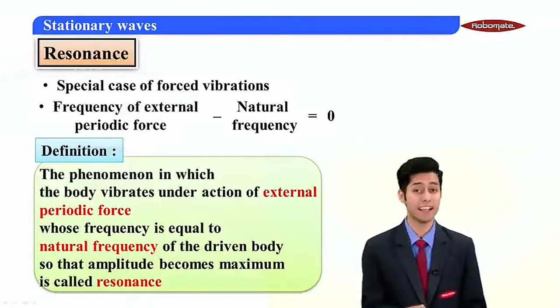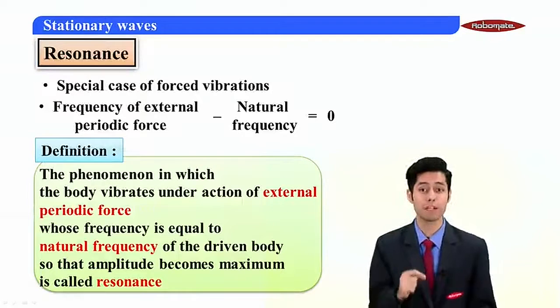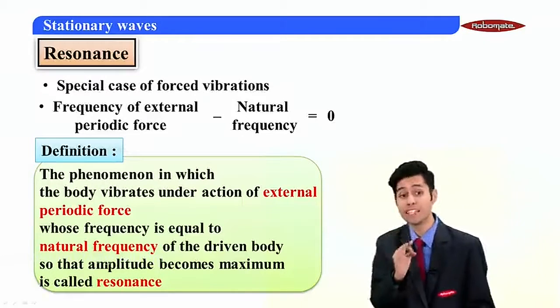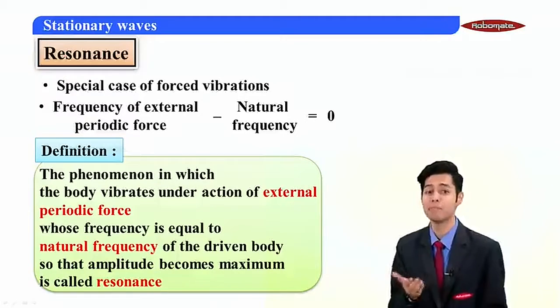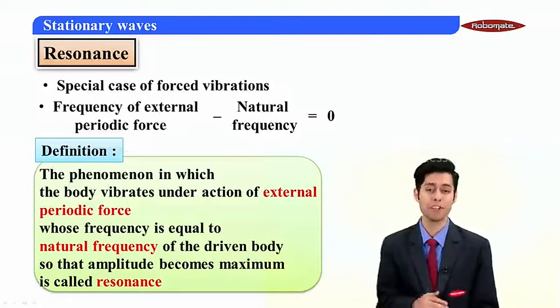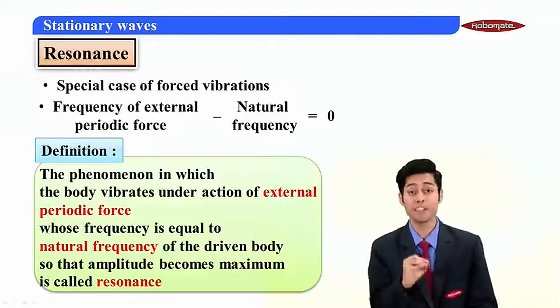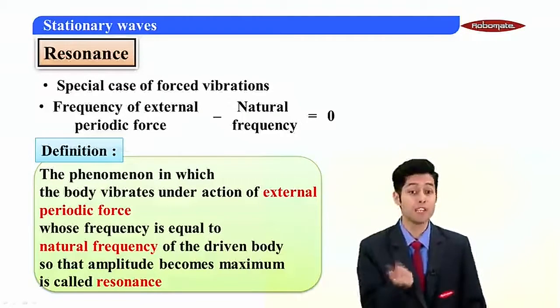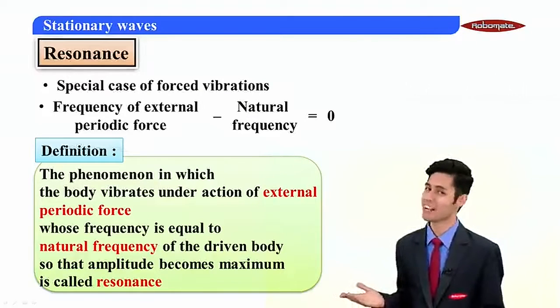It is a phenomenon in which the body vibrates under the action of external periodic force whose frequency is equal to the natural frequency of the driven body, so that the amplitude becomes maximum. Students, we know that the amplitude was maximum only when the frequency of external periodic force was equal to the natural frequency, and this case is called as resonance.